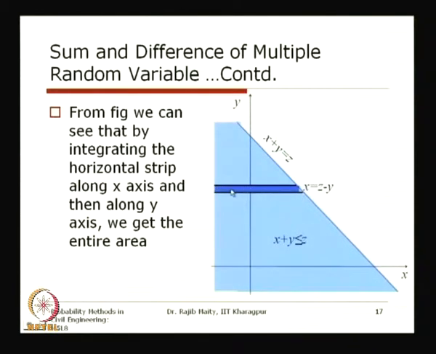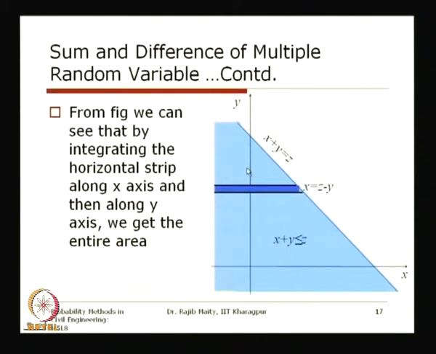For this strip, the area goes up to minus infinity, so this strip is basically from minus infinity to x equals z minus y. Now, if we integrate this strip with respect to y from minus infinity to plus infinity, that eventually covers this full shaded area. So, for x, the limit is from minus infinity to z minus y, and for y, the limit is from minus infinity to plus infinity.